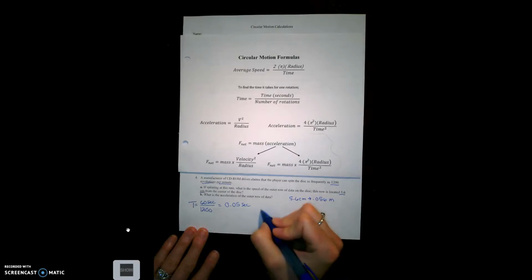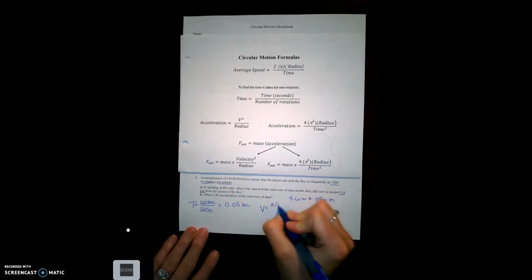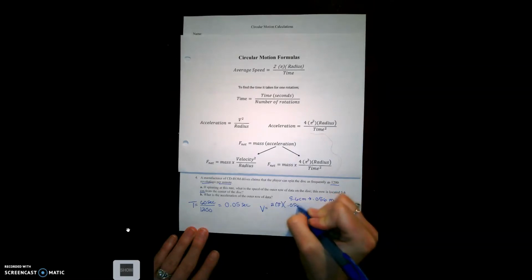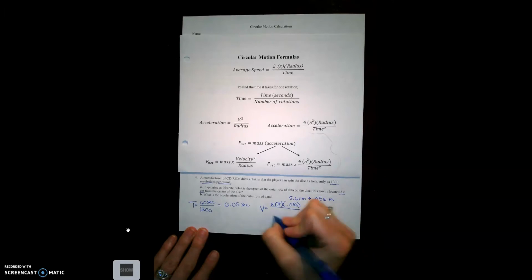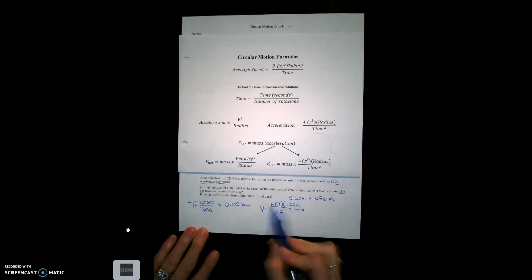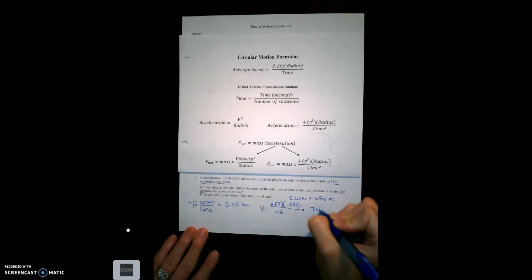And we're going to plug that into our velocity formula up here. So 2 pi, our radius, which is 0.056, divided by our time, 0.05. You're going to multiply your top numbers together and divide by that 0.05 to get 7 meters per second as your velocity.